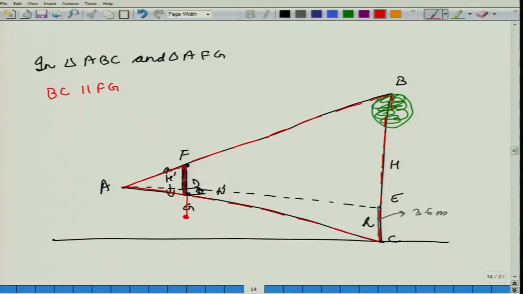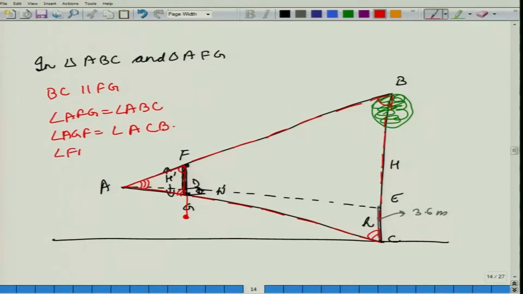Now, this angle AFG is equal to this angle ABC because we have two parallel lines that are cut by an intersecting line. We have angle AGF equal to angle ACB, and this angle is a common angle.